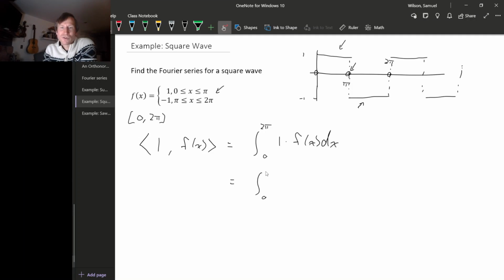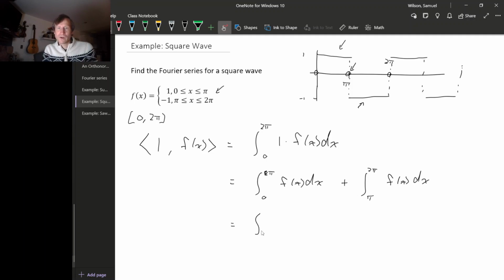So this is the integral from 0 to pi of f of x dx plus the integral from pi to 2 pi of f of x dx.